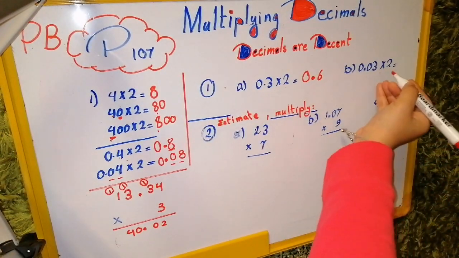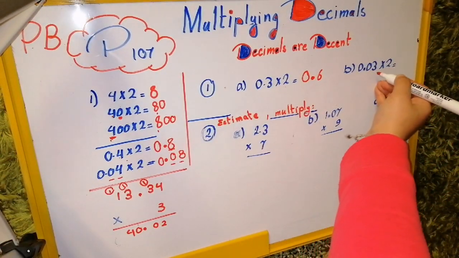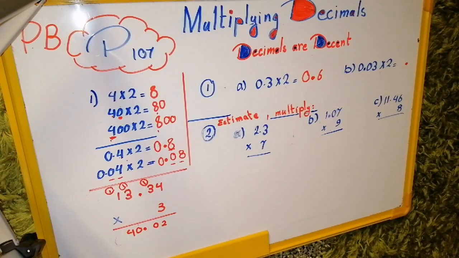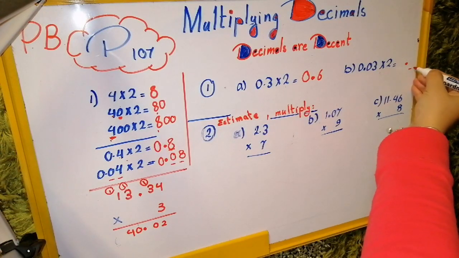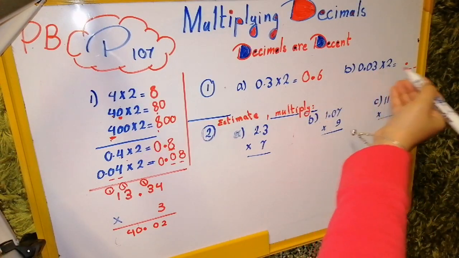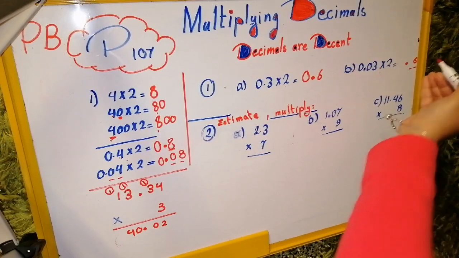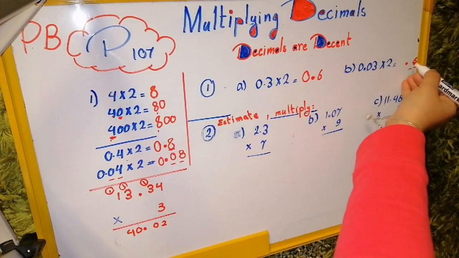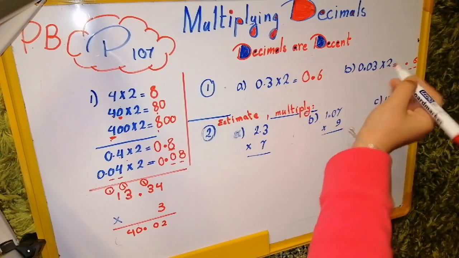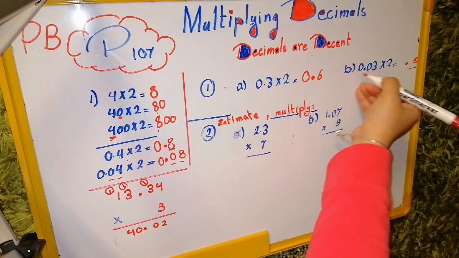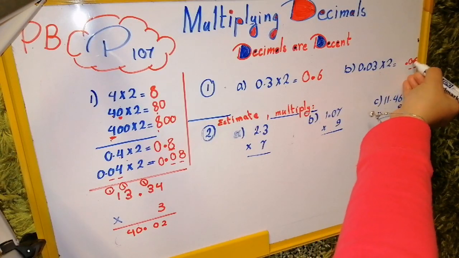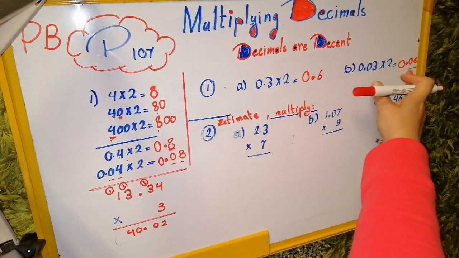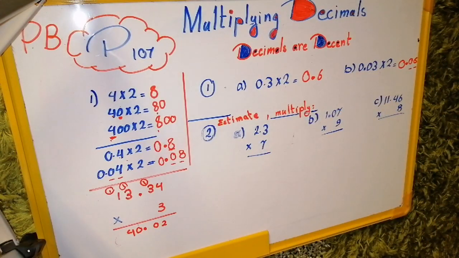I have 2 places to the right side of the point, so I'm going to put the point, and remember that I still have 2 places to fill. 2 times 3 is 6. I start from the right side, and then I can say 2 times 0 is 0, or once I figure out what's going to happen here, put the zeros as you wish. Okay, so it's going to be 0.06 or 6 hundredths.